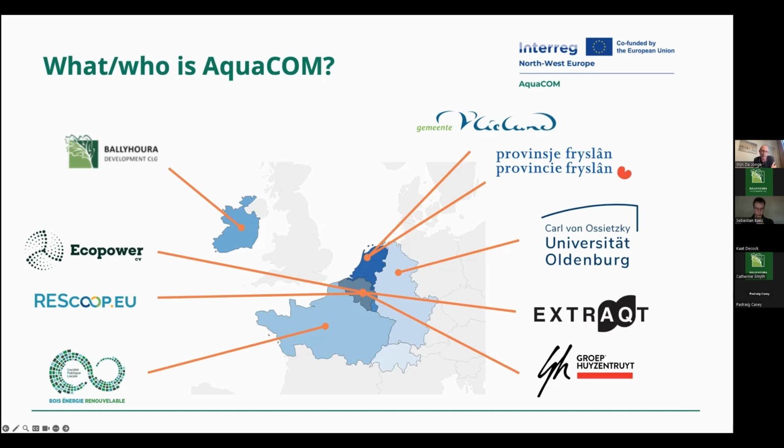And then we also have Rescoop. Rescoop is based in Belgium, but of course is operating over the entire Europe and is representing the energy cooperatives focusing on renewable energy. So that's the project.